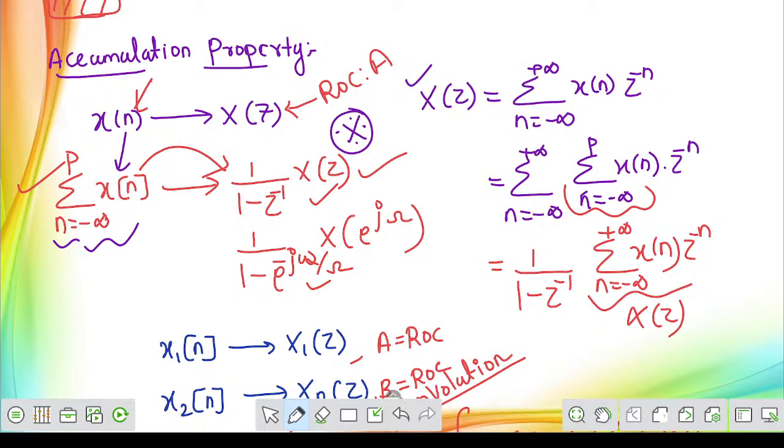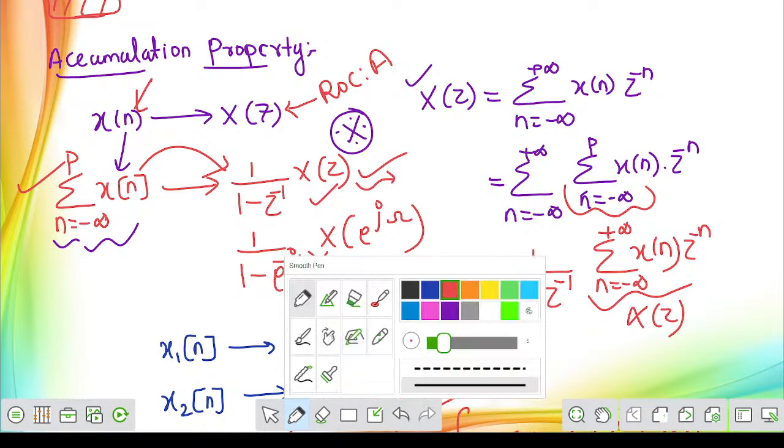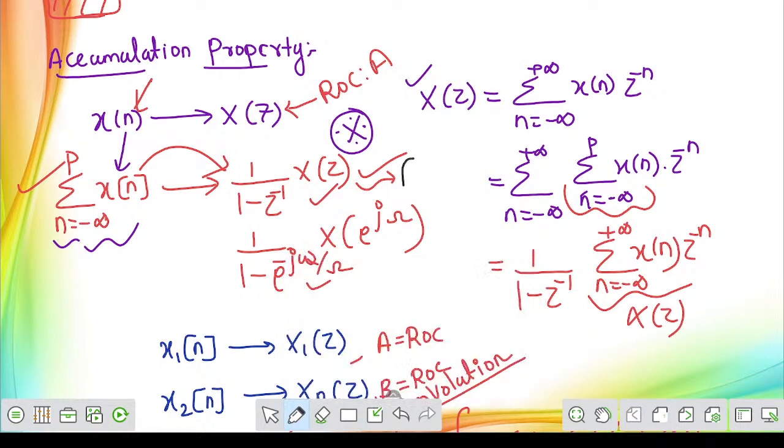Then what can be the expected region of convergence for the second case? That is the most important one. The region of convergence will be defined for this case. You will have to take the same A, and along with it you will have to consider the common intersection area where the value of mod z should be greater than A. Are you getting me?